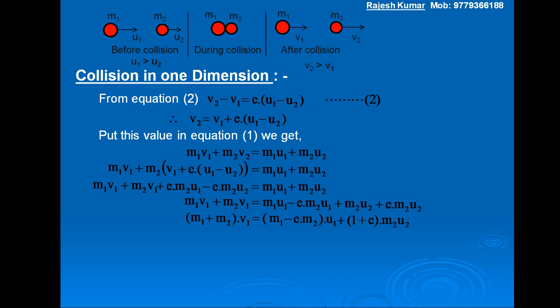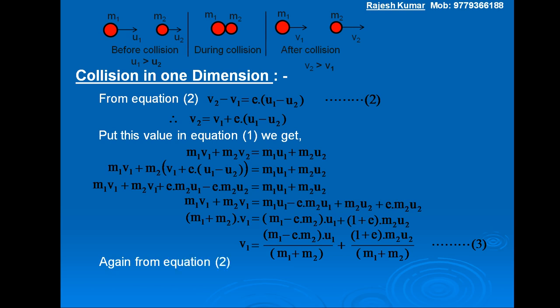Now dividing the equation by m1 plus m2, so we get v1 is equal to (m1 minus E into m2) into u1 upon (m1 plus m2) plus (1 plus E) into m2 u2 upon (m1 plus m2). So this is the value of v1, that is, the velocity of mass m1 after the collision. Let it be equation number 3.